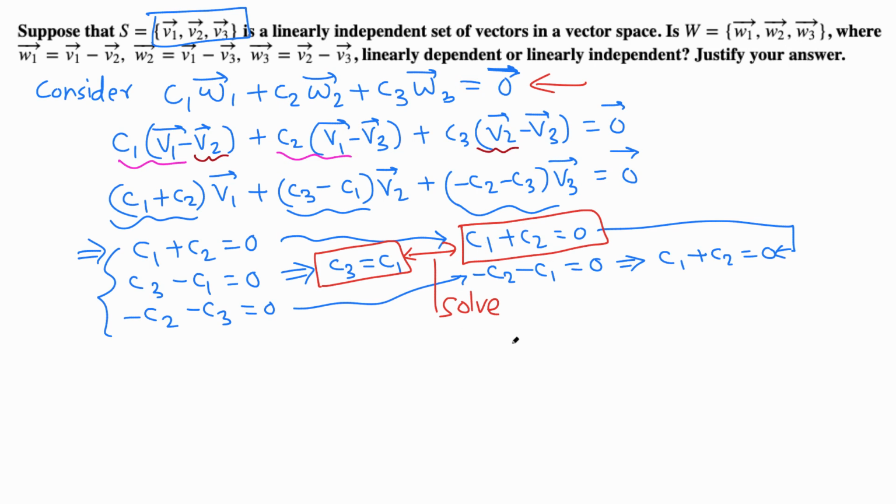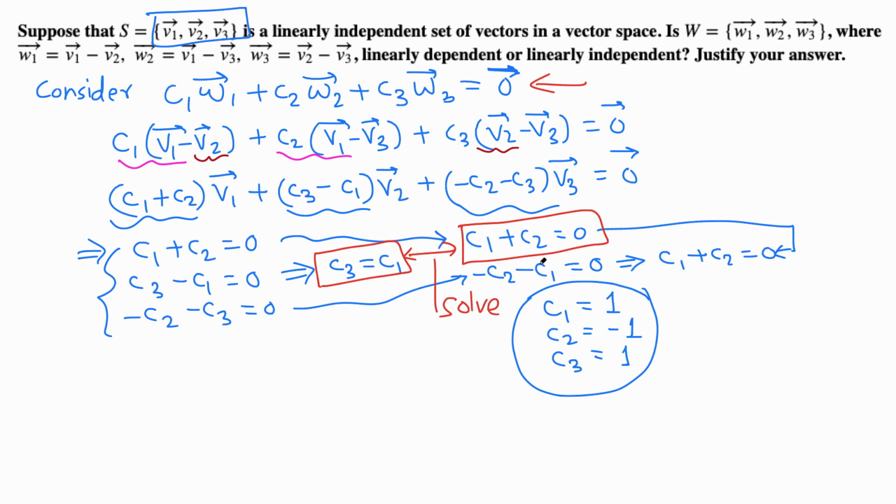It looks like there are infinitely many solutions. How about taking c1 as 1? If I take c1 equal to 1, then c2 will be, subtracting c1 from both sides, negative 1. And here c1 is 1, so c3 is also 1. I could have taken 2 as well. So I have one solution which is not 0, 0, 0, and still this linear combination is 0.